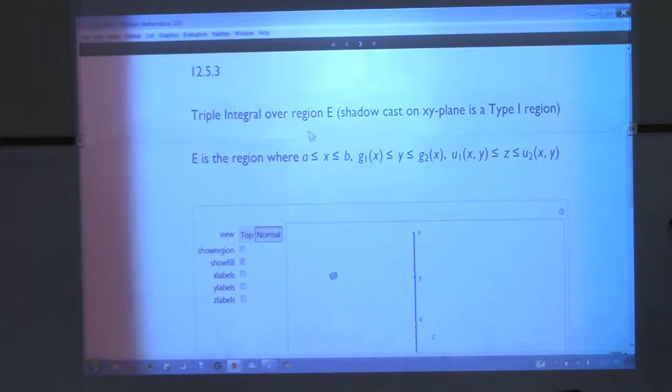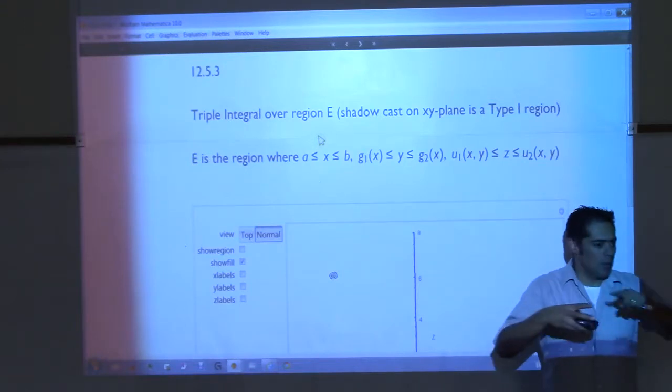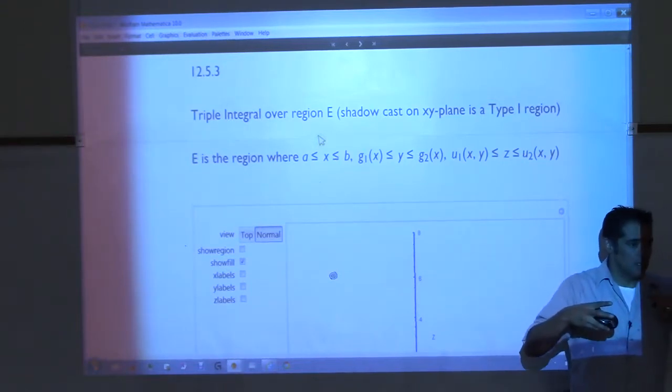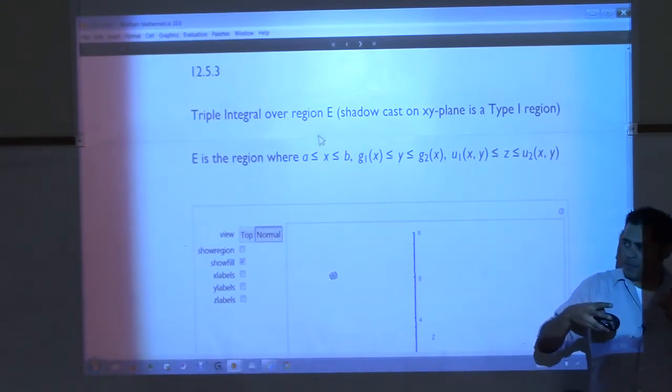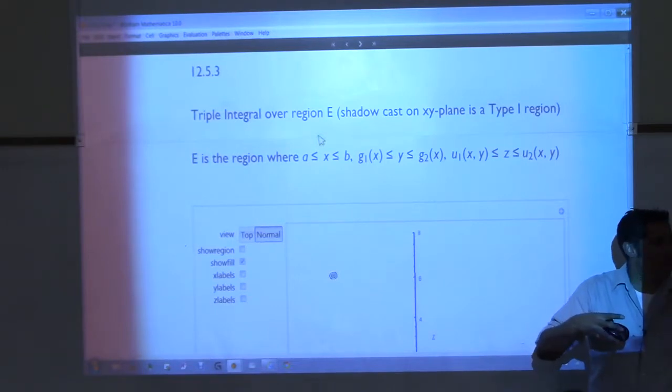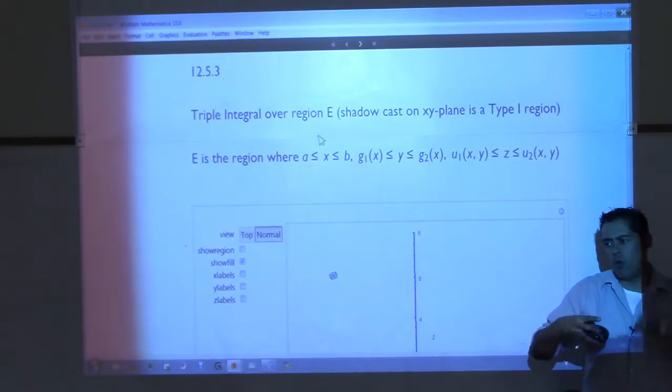Triple integrals over a region. What if all I tell you is that the region I'm integrating over is no longer a box, but what I can tell you about this region is that its shadow on the ground is type 1.